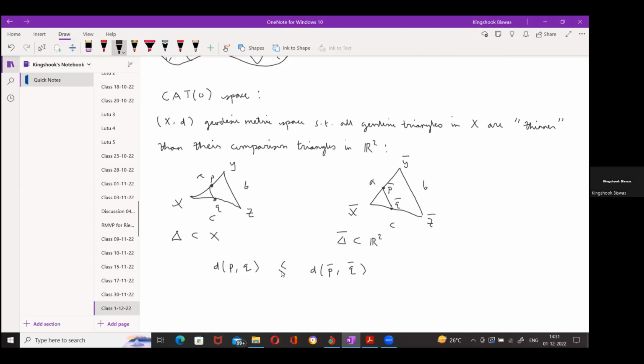Similarly, we can define a CAT(-1) space by taking comparison triangles in H2 instead of R2.